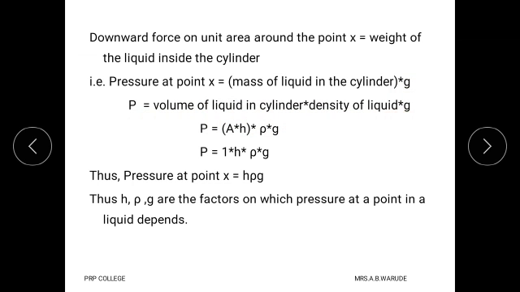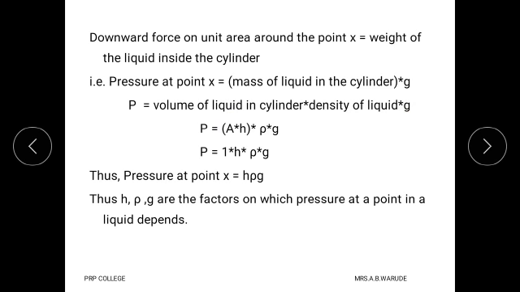See here, this formula arises because the formula for density is mass upon volume, and therefore we want to write the mass of liquid. From that formula, mass of liquid is equal to volume of liquid into density of liquid, and therefore the formula becomes P equals volume of liquid in cylinder into density of liquid into G, that is gravity.